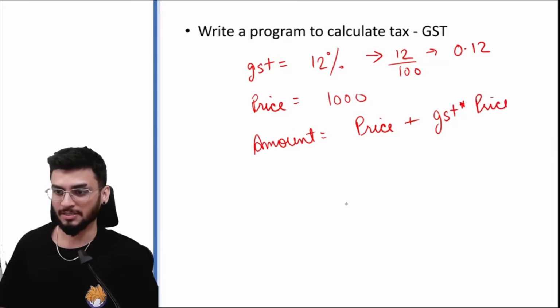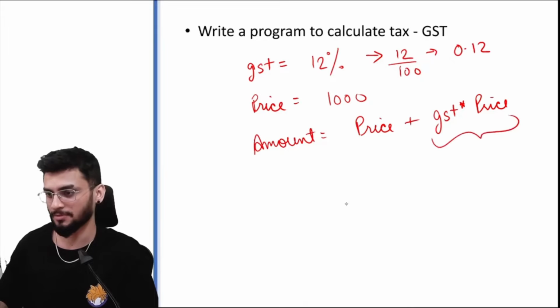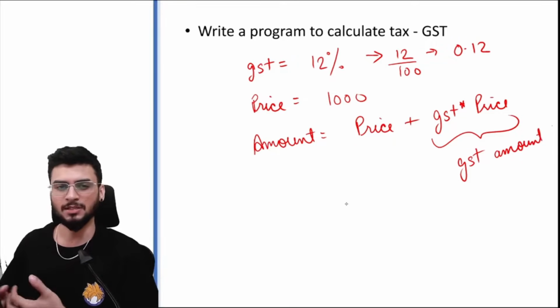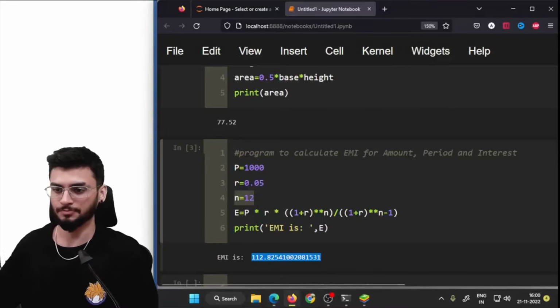So original price, and we are adding the total GST to it. So this would be the GST amount. I hope it's clear till now. It's just basic mathematics. You're just converting percentage into numerical terms.